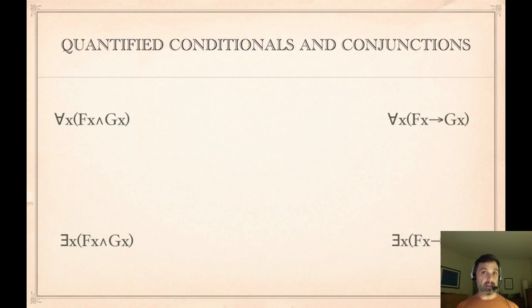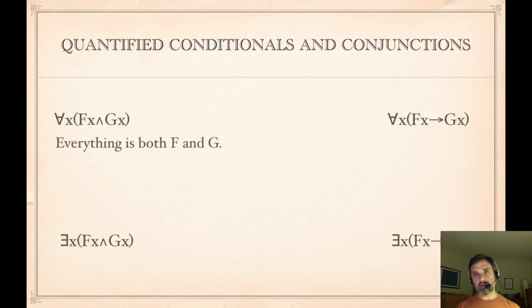So what this says is that everything, you might think it means everything is a green frog. Well, yeah, that's what it means. Everything is a frog, and everything is green. So it says that I'm a green frog, and you're a green frog, and everything else is a green frog. So it's a pretty strong statement. Not something you'd probably say, because it asserts this conjunction is true of everything.